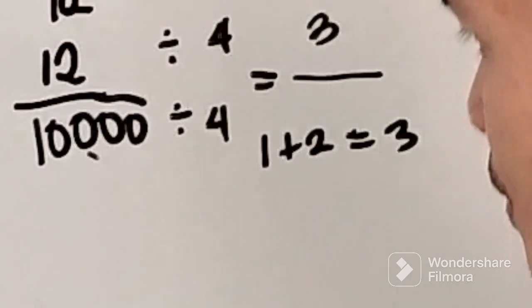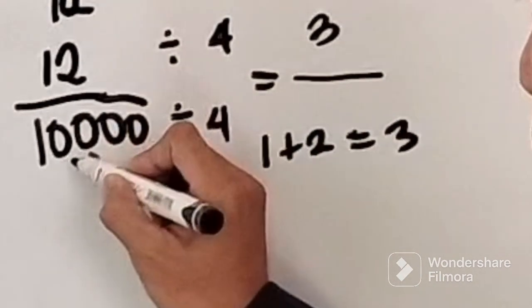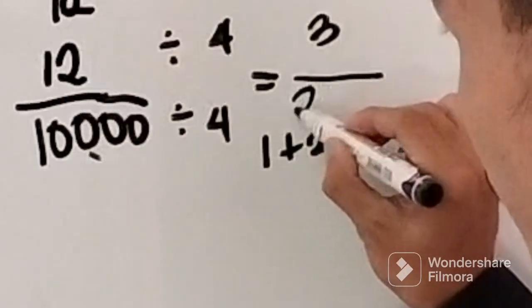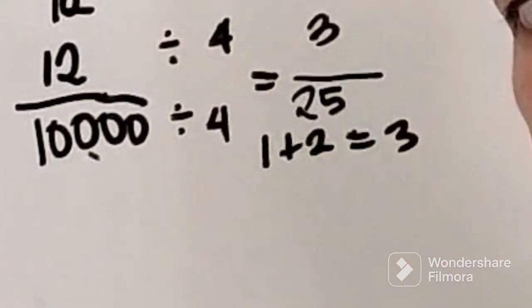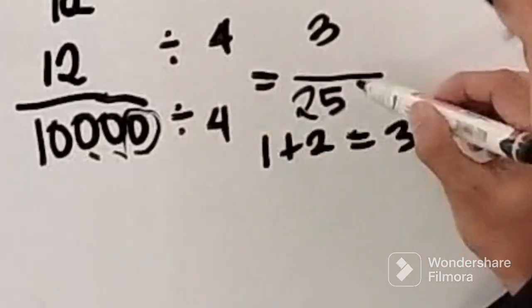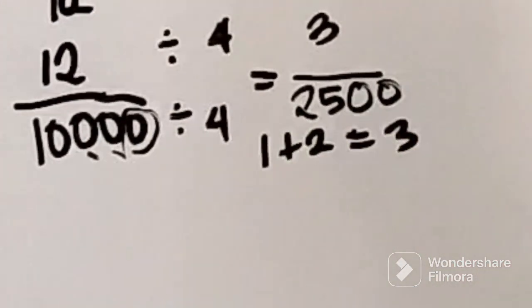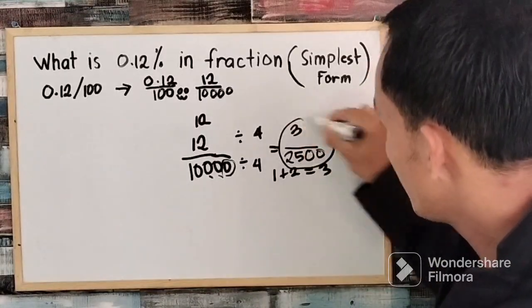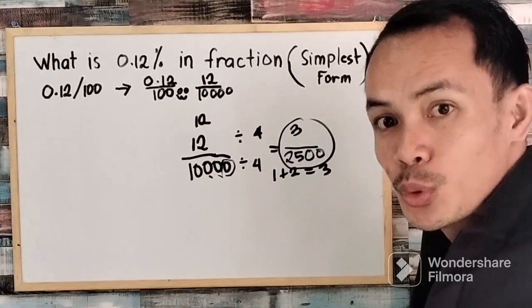Yes, because 100 divided by 4 is 25. So we write 25 here, and we simply add the remaining 2 zeros there. So we now have the answer, which is 3 over 2,500.